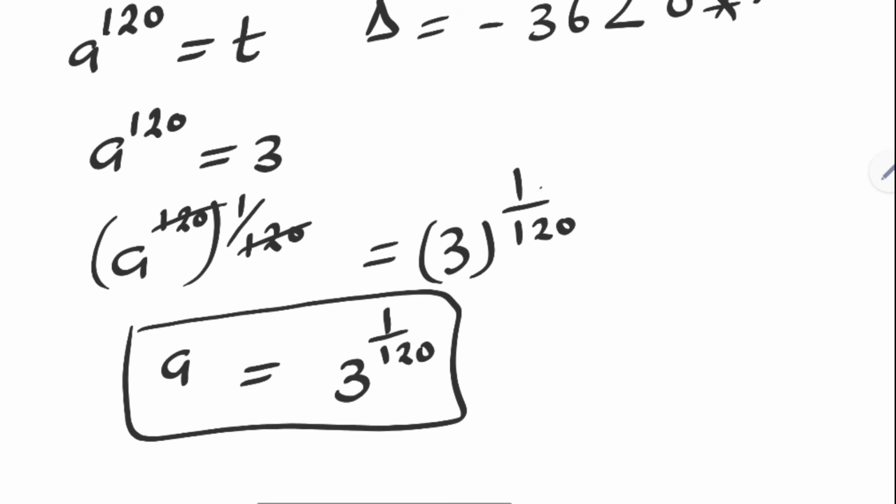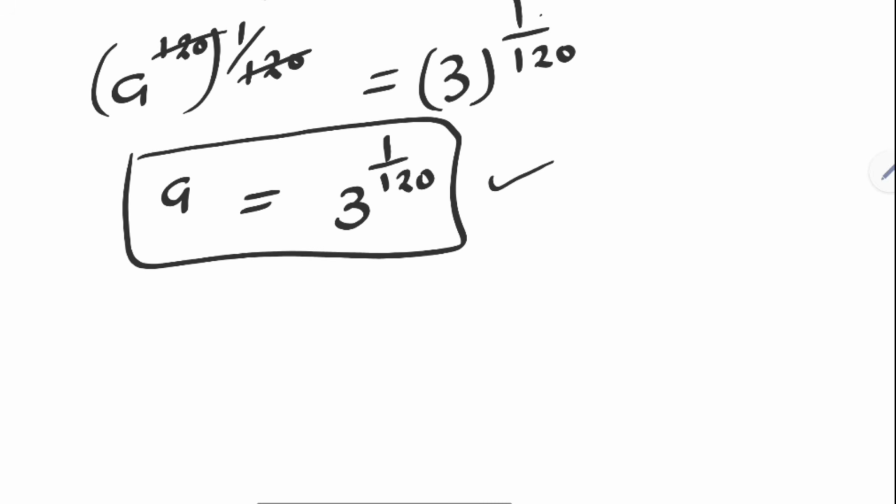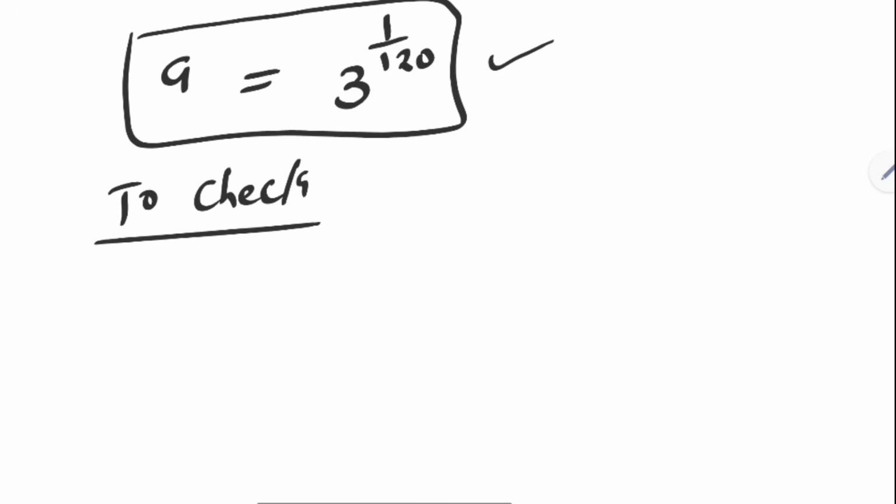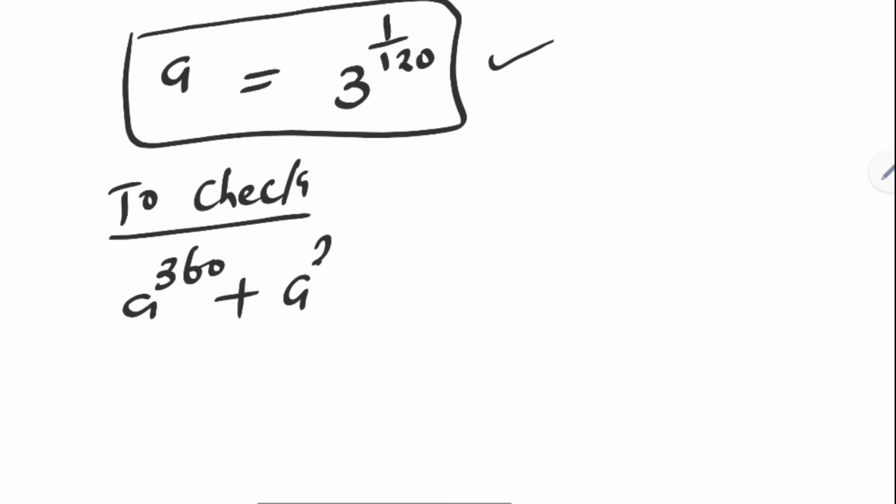We may check to confirm if this answer is right or wrong. Let's check. To check, we have the given equation: a raised to power 360 plus a raised to power 240 plus a raised to power 120 is equal to 39.